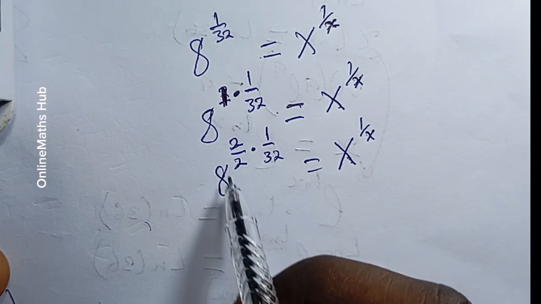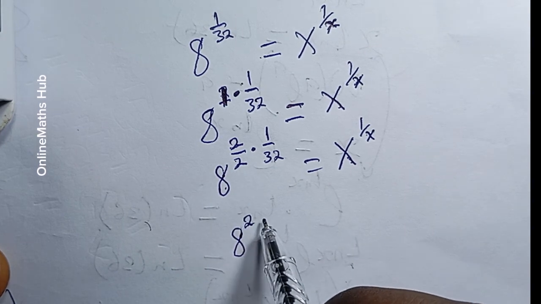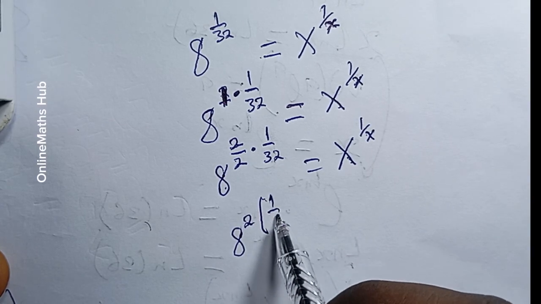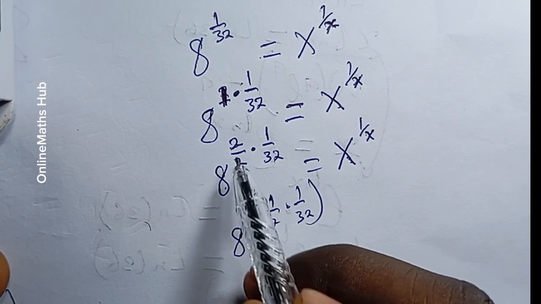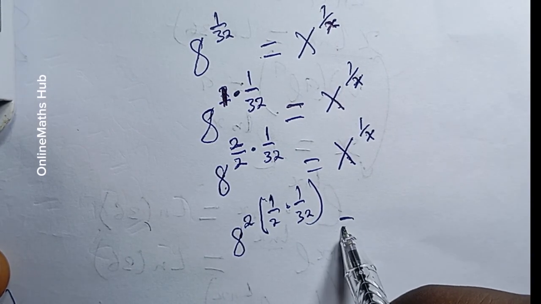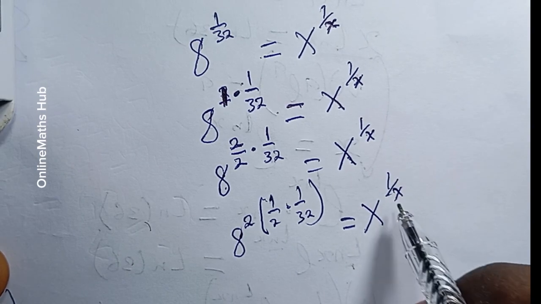I can write this as 8 power 2, and then of course bracket 1 over 2 multiplied by 1 over 32. So I just factorize these two out right here, and I have this, and this is going to be equal to x power 1 over x.